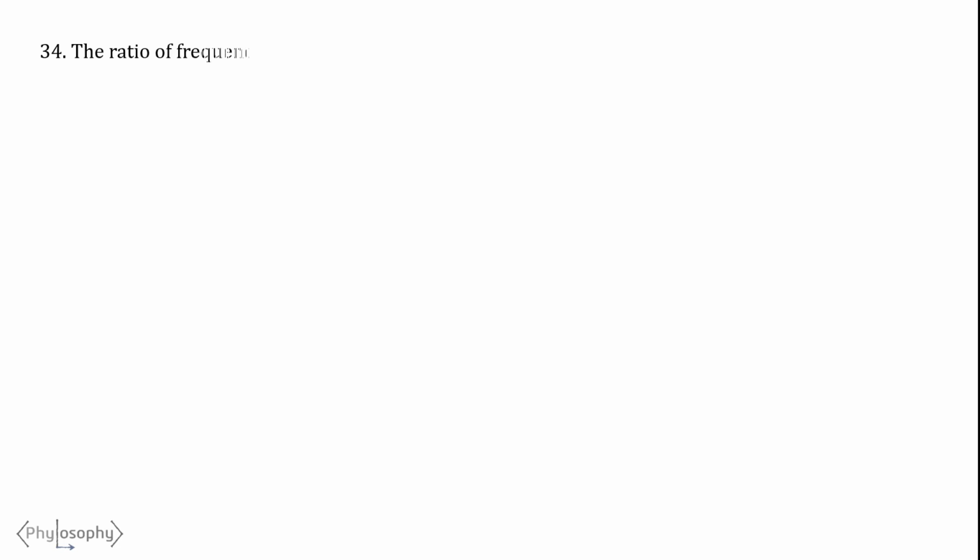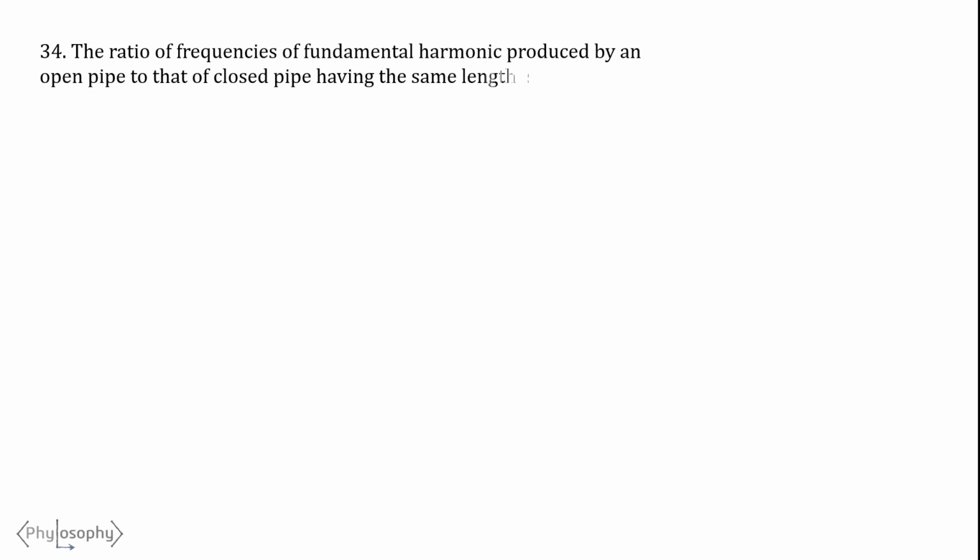Our next problem is, the ratio of frequencies of fundamental harmonic produced by an open pipe to that of a closed pipe having the same length is 2:1, 1:3, 3:1 and 1:2. So we know that the fundamental frequency of a pipe depends on its length and the boundary condition imposed at its end. The fundamental frequency of an open pipe is given by F naught equals V over 2L.